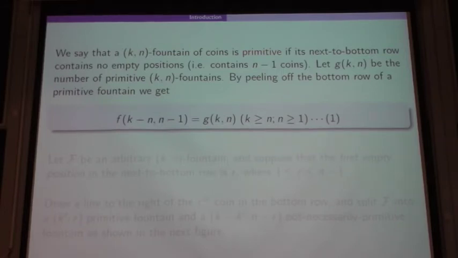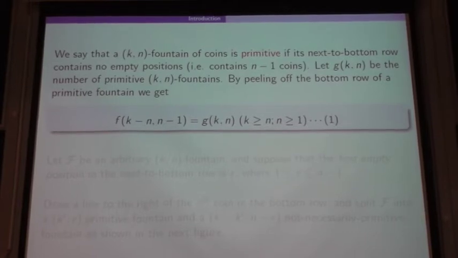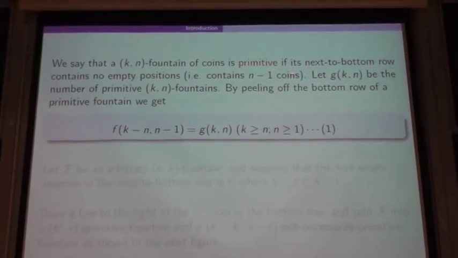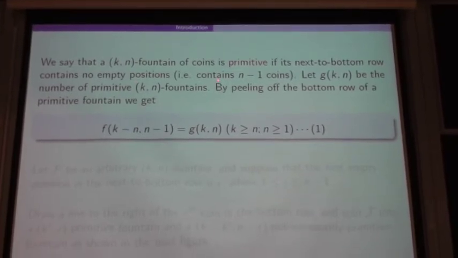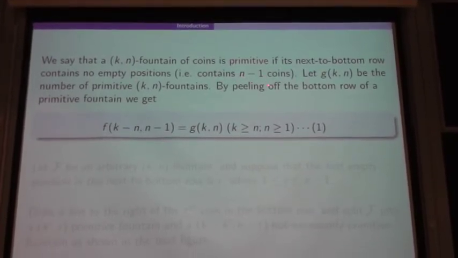Okay, so here Wilf defines a Kn fountain to be primitive if its next to bottom row contains no empty position. That means its next to bottom row will have n-1 coins. By definition, you have n coins in the bottom row. So if the next to bottom row contains n-1 coins, he calls it primitive.